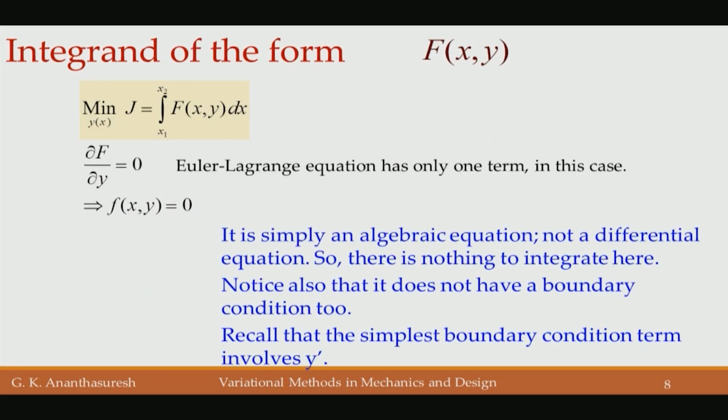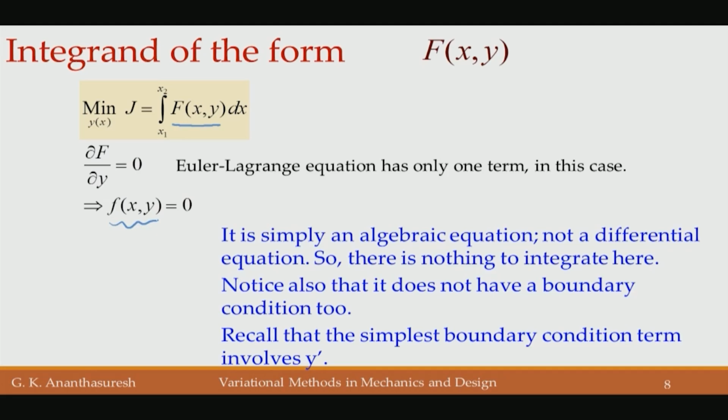The first one is quite easy, right. So, the integrand here is only a function of x and y. The Euler-Lagrange equation will only have one term, ∂f/∂y. There is no y prime, y double prime, nothing. So, you have only this. If you do this, just like capital F, when you take the derivative of that with respect to y, you will get another expression or equation only in terms of x and y that you can solve. Okay.